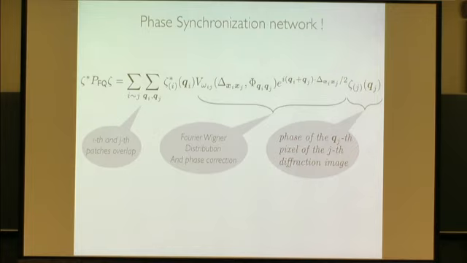It turns out, very interestingly, that this term is the Fourier-Wigner distribution of some function omega ij, which is related to how two images are overlapped.